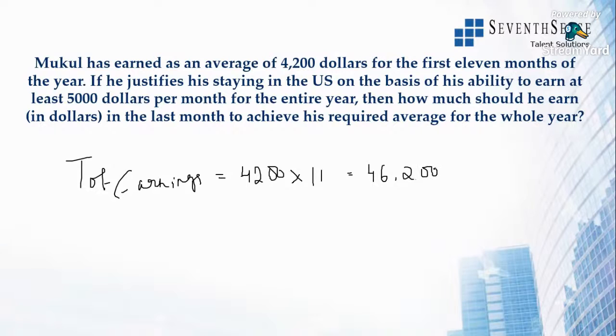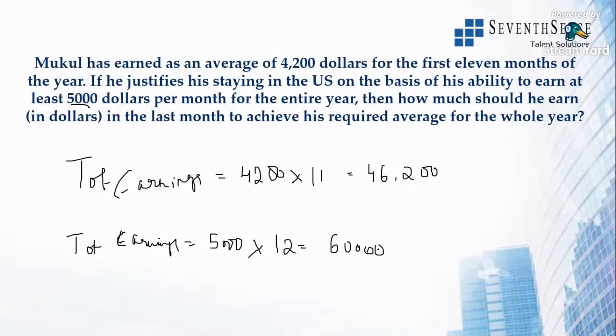Now, if he had earned $5,000 per month for the entire year, what would be total earnings? It will be 5,000 every month for one whole year. So this will become 60,000.